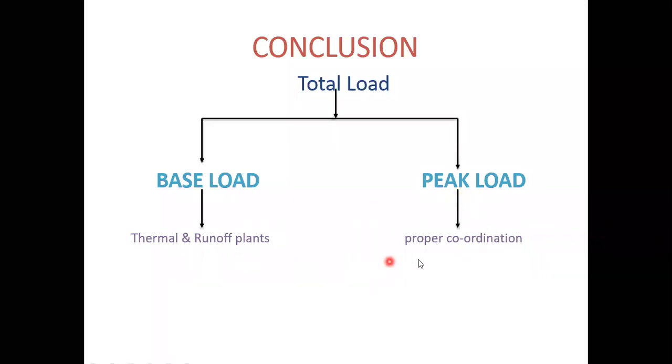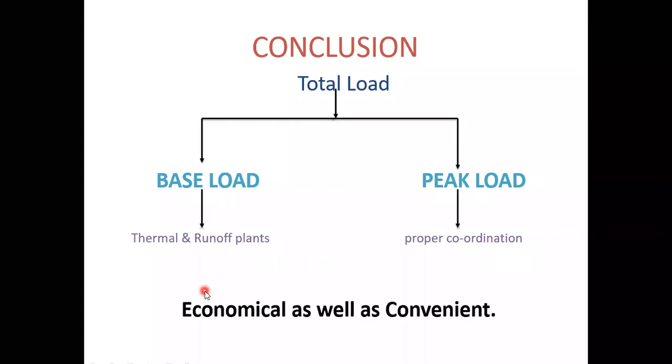This is the usage of thermal and hydro power plants in a proper manner. When you use these two like this, then automatically we can get an economical as well as a convenient process.